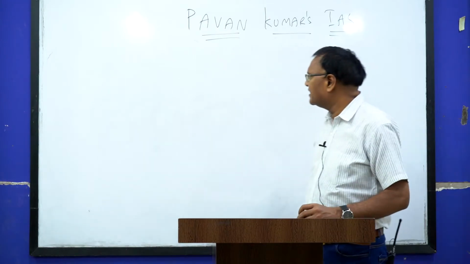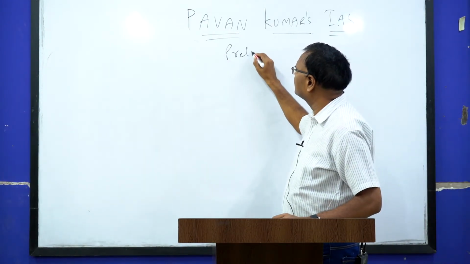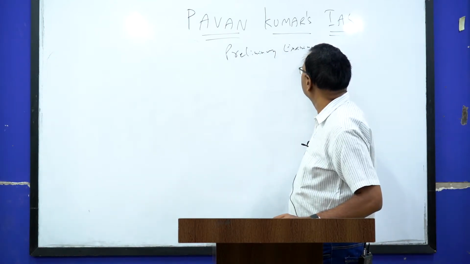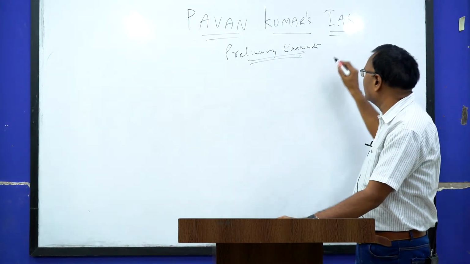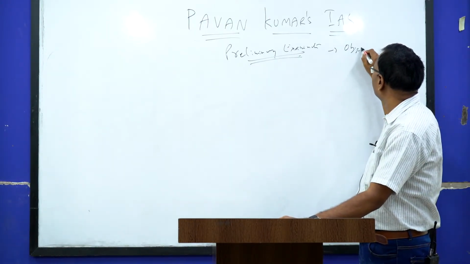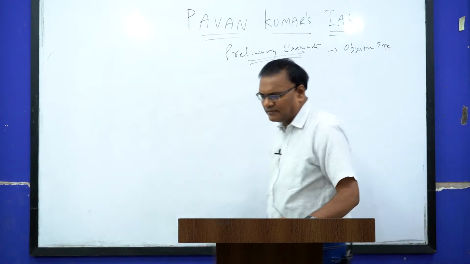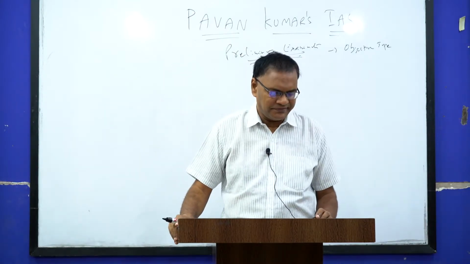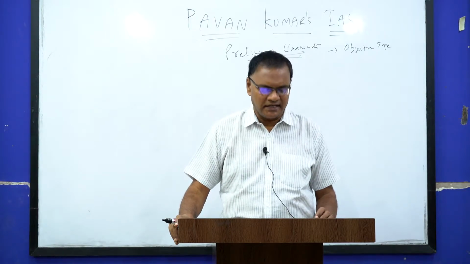So, as I mentioned earlier, this preliminary examination is objective type. That means every question will be followed by 4 choices, alternatives A, B, C, D. You have to select the best, the right alternative.